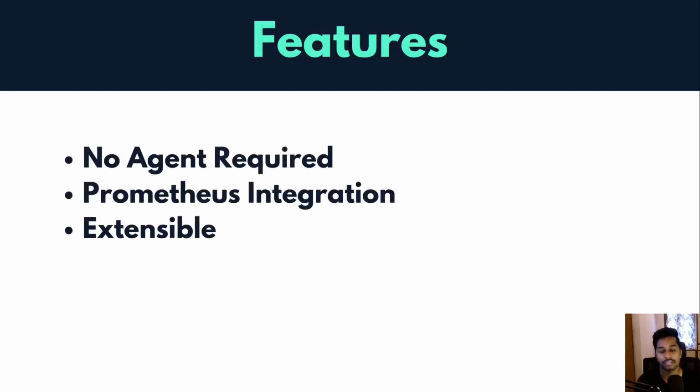The main features are that you don't need any agent running on your cluster. You don't need anything running continuously on your cluster, and it is Prometheus integrated. So all the recommendations that you get are based on the data of your own applications being run in your own environments.